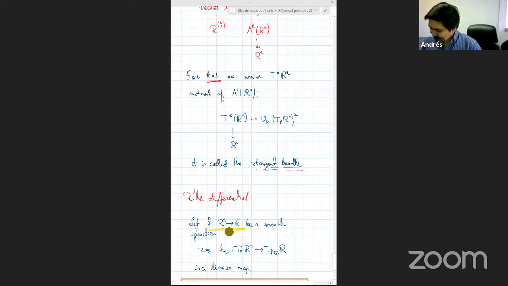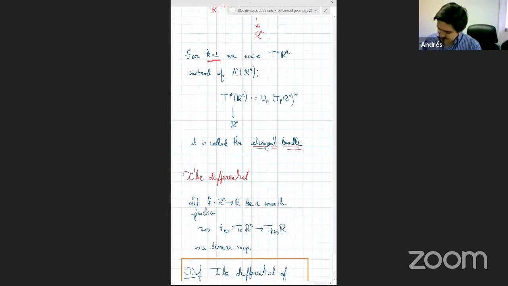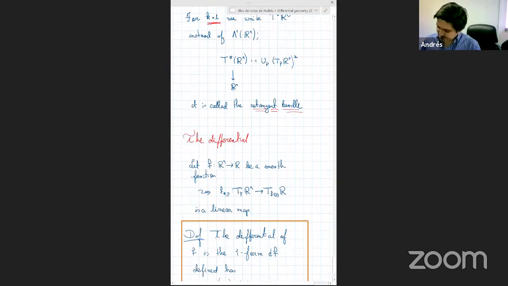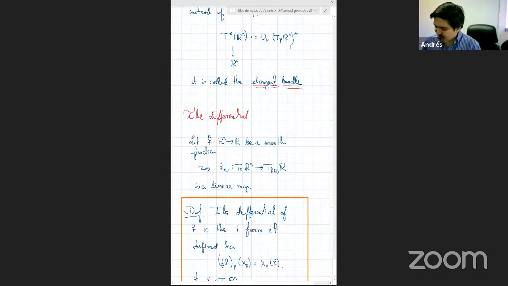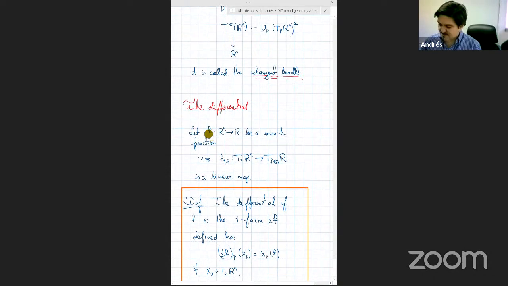So if I have a smooth function, we define this linear map. Remember the differential of f. I think I didn't call it the differential, just the derivative. And it is also called the differential. Given a function, you obtain a one form. The differential.